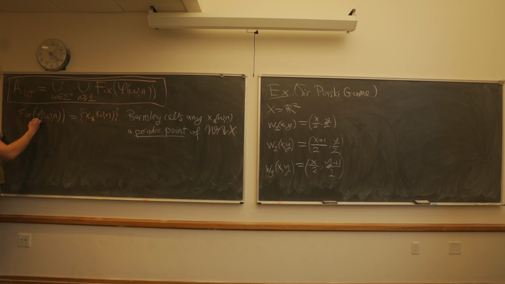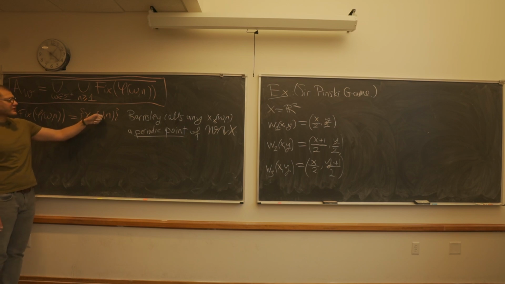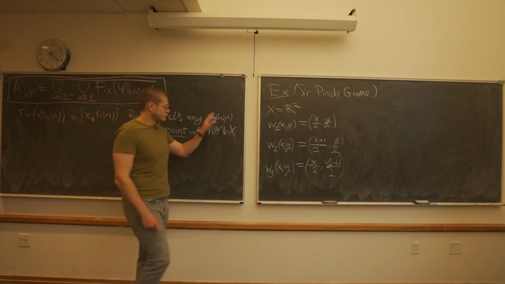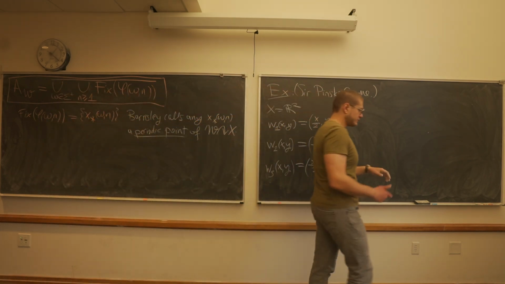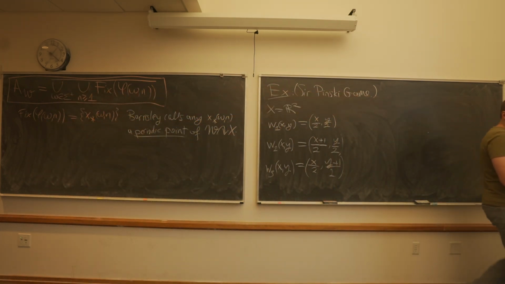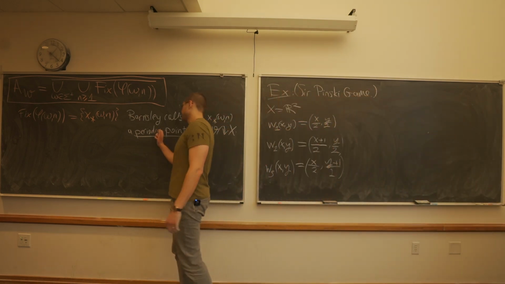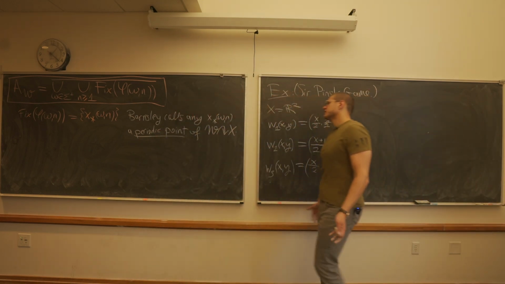The fixed point of phi of omega comma n, I denoted by x star of omega n. It's going to depend on omega and n, possibly. In Barnsley, any such point is called a periodic point of the iterated function system W. This is not standard terminology as far as I'm concerned, but it might be good to think about it that way.